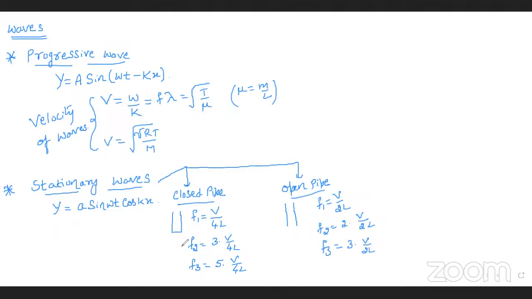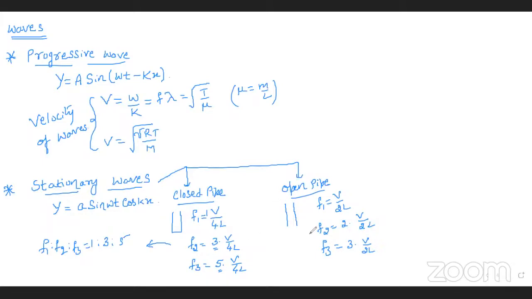So clearly you can tell, in the case of the closed pipe, the frequency ratio will always be 1:3:5. Look at the number. It is 1 times of V by 4L. It is 3 times. It is 5 times. 1:3:5.